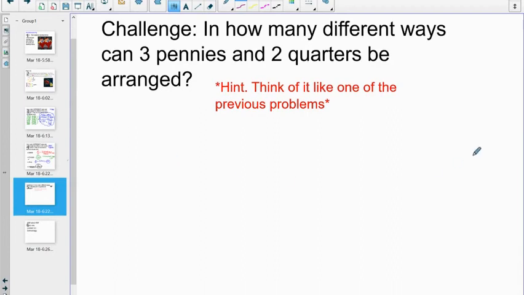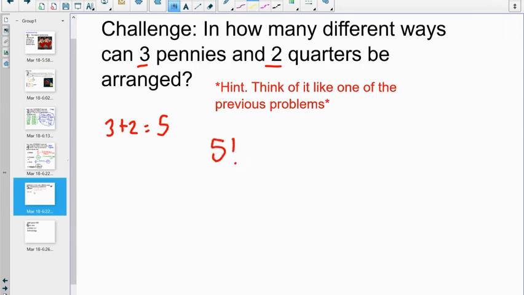Ooh, okay, so here's our challenge problem. How many different ways can 3 pennies and 2 quarters be arranged? Okay. So again, let's think of our total coins. We have our 3 pennies, and 2 quarters, and 3 plus 2 equals 5. So we know that that's our total, so that's going to be our numerator.